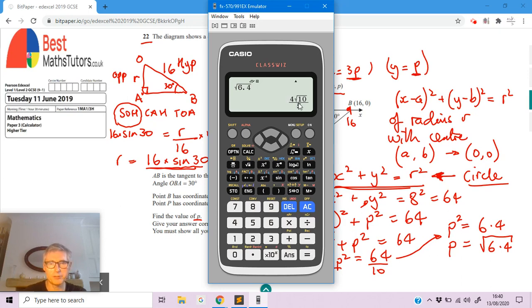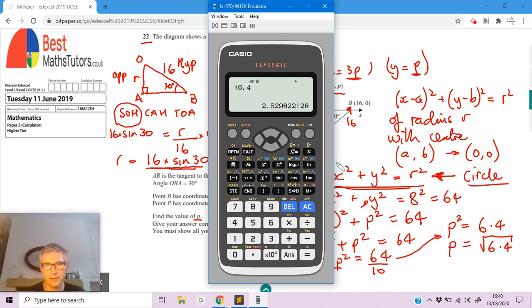So we've got it expressed in this form, which is in surd form really, and that means by the square root it's a surd, and that's accurate. That's exact, as we could say. But if we press the SD button, we'll get it as the same value but in a decimal. So there we go. We've got 2.529, etc. And we've got to give the answer to 1 decimal place.